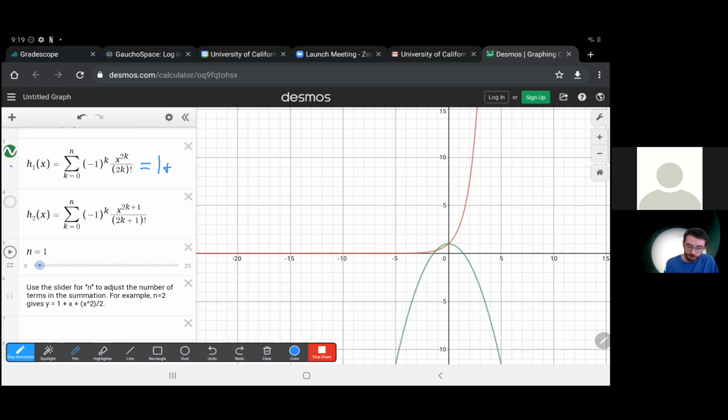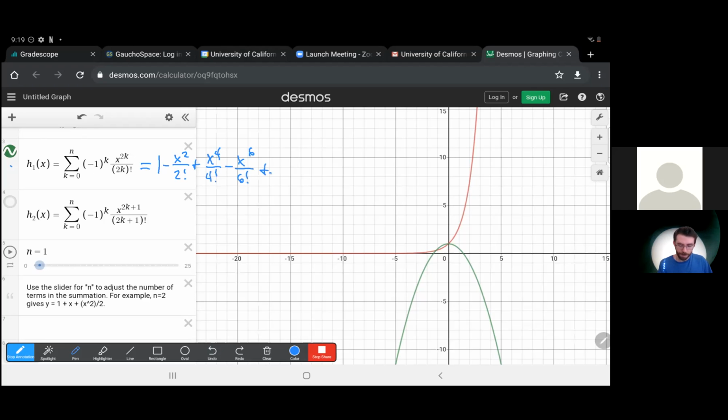If I set k equal to 1, then I get negative 1. So let's write this out. I would get minus x squared over 2 factorial. And then if I set k equal to 2, negative 1 squared is positive, and it would be x to the 4th over 4 factorial, and then minus x to the 6th over 6 factorial.